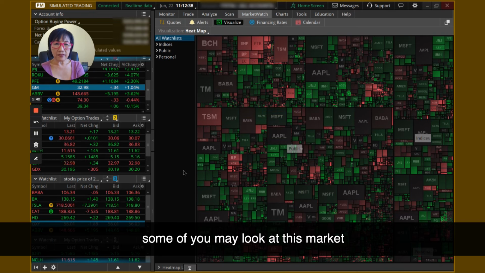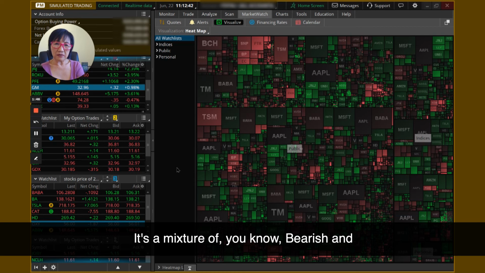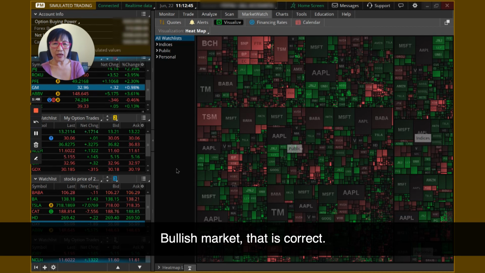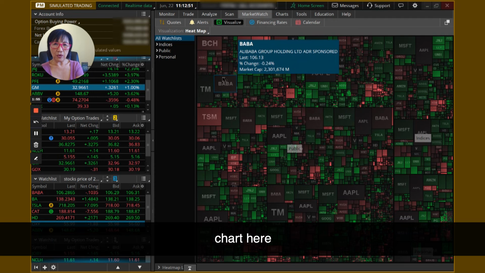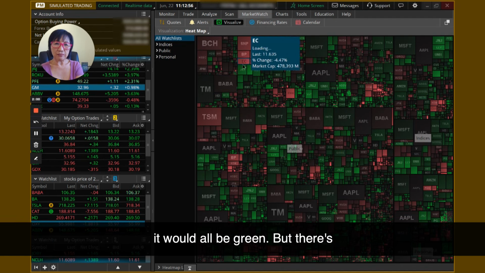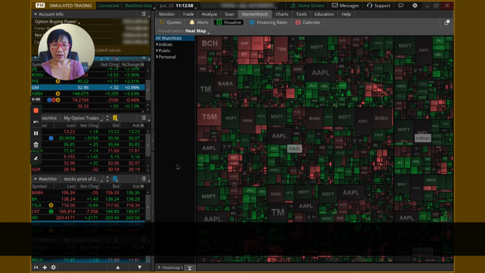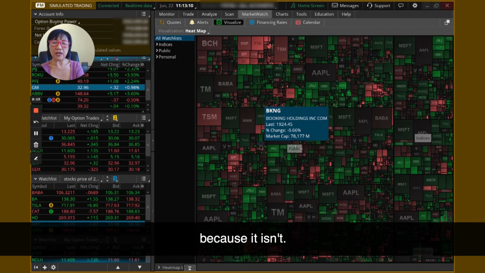Some of you may look at this market and say, well, it's a mixture of bearish and bullish. That is correct. If it's bearish, it's all red throughout the whole chart here, and if it's bullish, it would all be green. But this is, I would say, 50-50. It's not wrong unless this is all red and you say it's bullish, because it isn't.